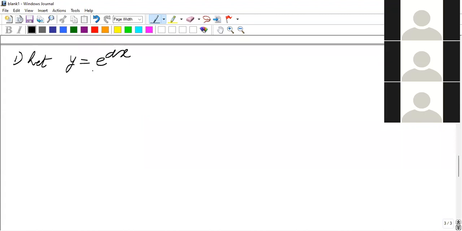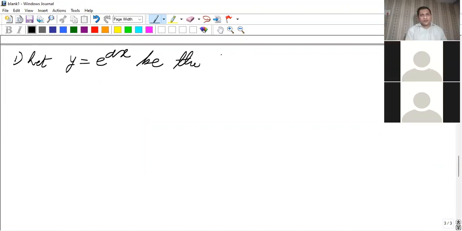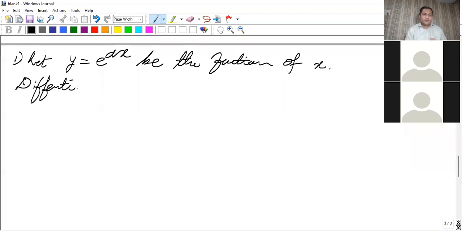Okay. Thank you. So what will happen if I differentiate this? This is going to be a function of x. So x is going to be our independent variable and y is going to be our dependent variable. So what we can do is differentiate.